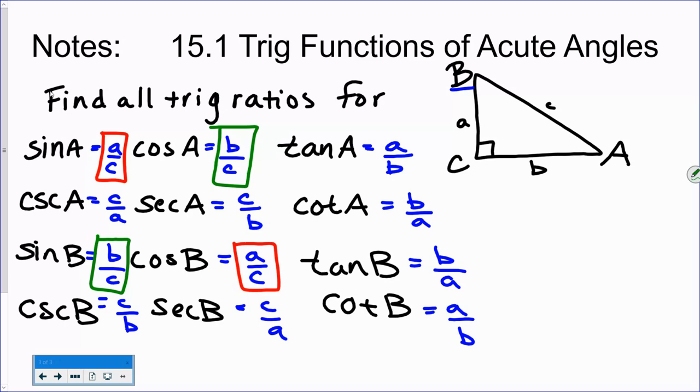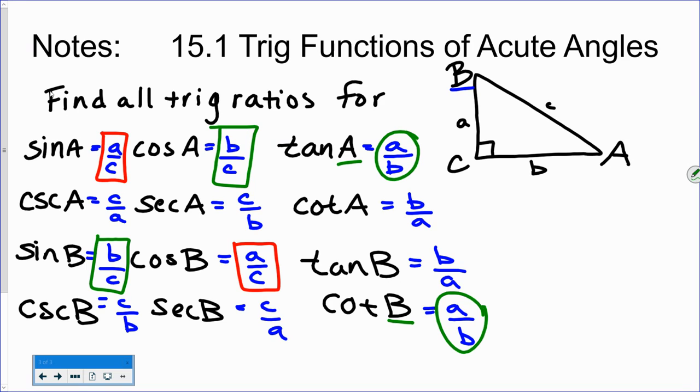So sine and cosine have some similarities within the triangle, and so do your other trig functions, like tangent and cotangent. When I use the other angle in the triangle, they would be equal.